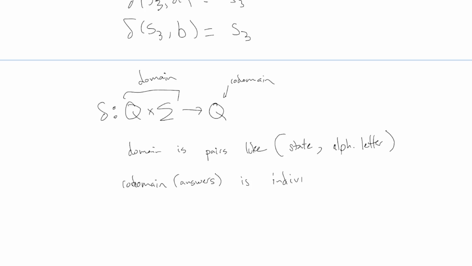The codomain is the set Q, and Q is the set of states. So the codomain is individual states. So when you write this, what it's doing is telling you what are the kinds of things that you plug into this function, and then what are the kinds of things that you get out. The answer is what you plug in is a pair, a state, comma, a letter, and what you get out is a state, just like I wrote up here.